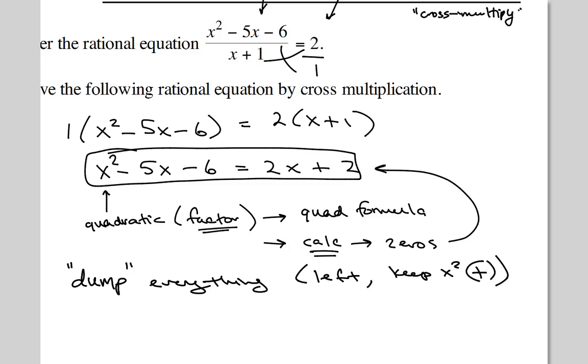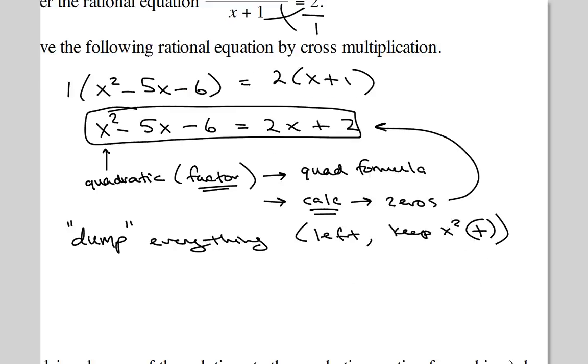Okay, so let's dump everything to the left. That means the right-hand side is 0. So what are we going to do with that 2x and that 2? Subtract them. Okay, so subtract them. And on the left, what do we have? X squared minus 7x minus 8.